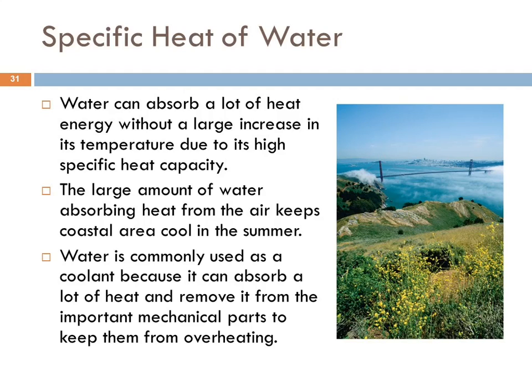If you've ever gone to the coast, you know that the temperature variation there is much less than the temperature variation that we have here. Here we can easily have a 40-degree temperature change from the low at night to the high during the day. At the coast, it's probably more like 10, 15 degrees because you've got this huge body of water there.